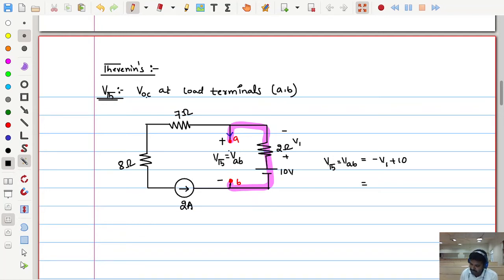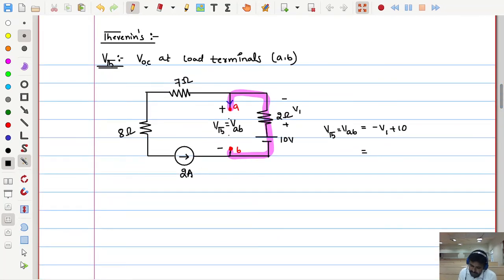Can you tell me how much is V1 directly? See the circuit, carefully observe. This got opened, that means this entire 2 amperes is passing through which branch? Through this voltage source, upward, then the resistor in the upward direction.